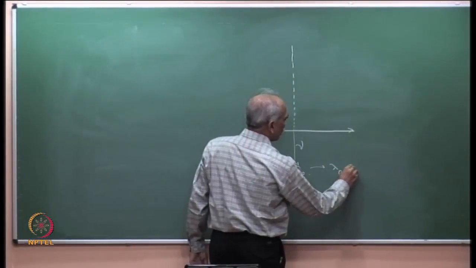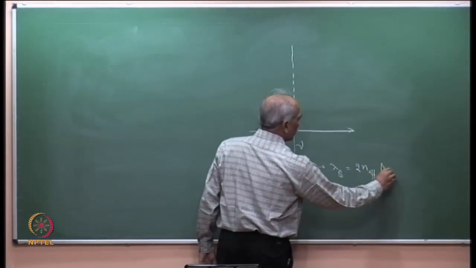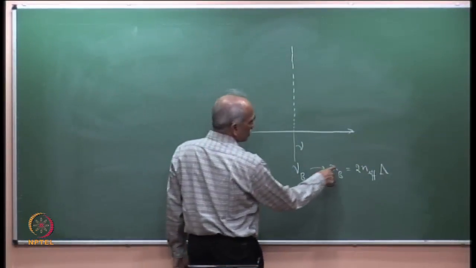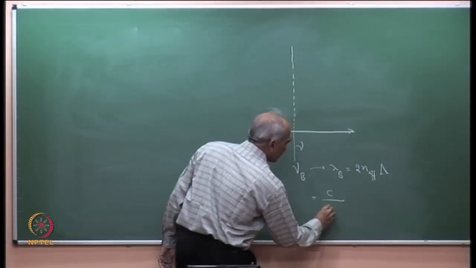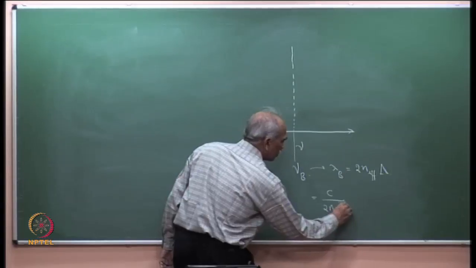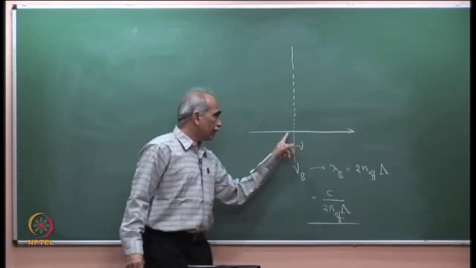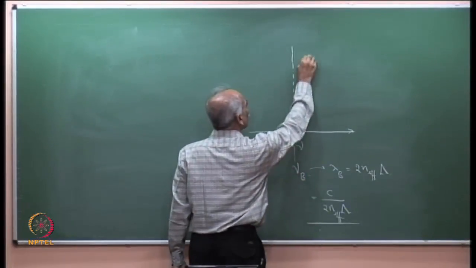So, lambda b is equal to 2 times n effective into lambda. So, nu b is C by lambda b. So, nu b here is equal to C divided by twice n effective into lambda. This is the Bragg wavelength, but actually you see that there are two modes.